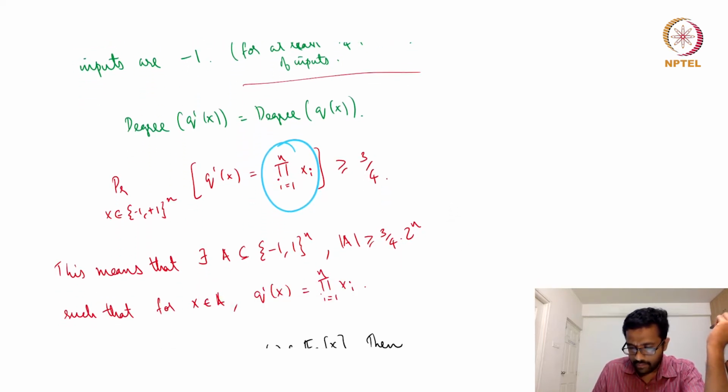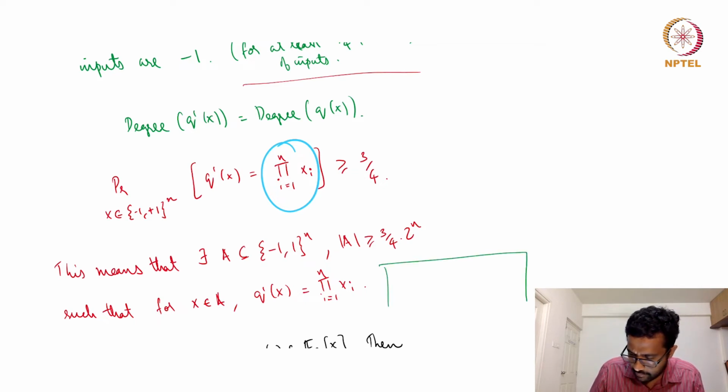This means that there is a set A which agrees with the parity on 3/4 of the inputs. So let those inputs on which Q prime agrees with parity be called the set A. In other words, A is the set of all x in plus minus 1 power n such that Q prime of x is equal to the product of xi.